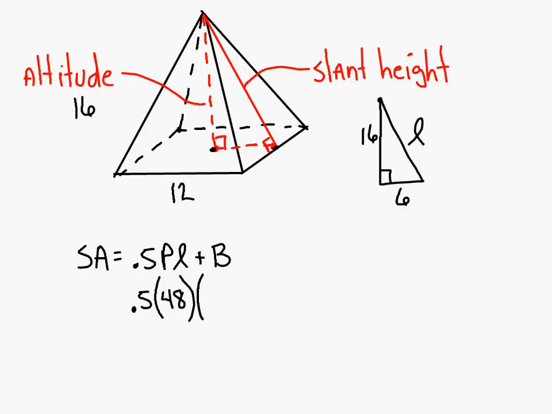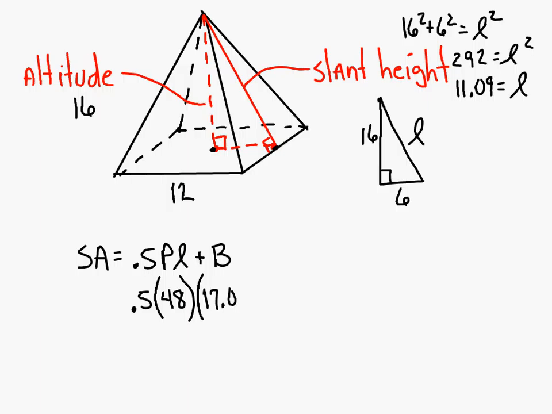You can find your slant height by 16 squared plus 6 squared equals L squared. So 256 plus 36, 292 equals L squared. And the square root of 292 is 17.09. So L equals 17.09. Down here in the formula, your slant height is 17.09.